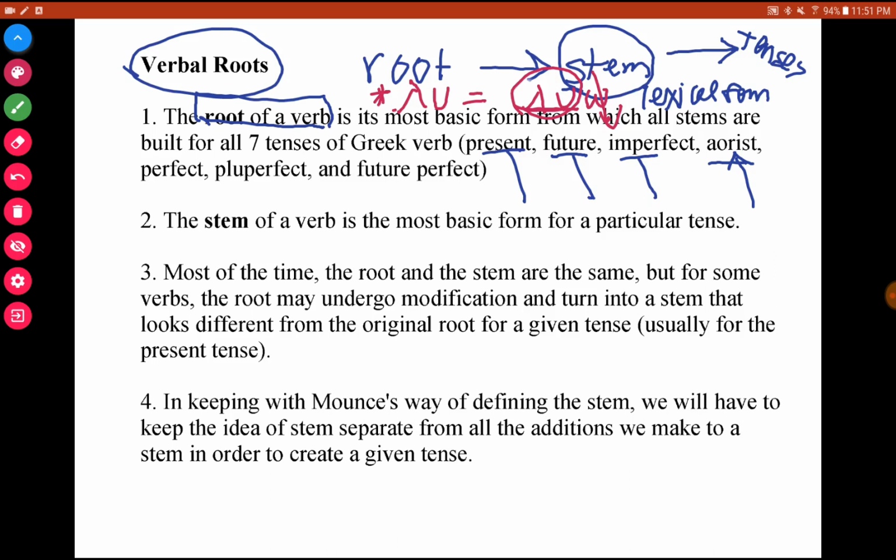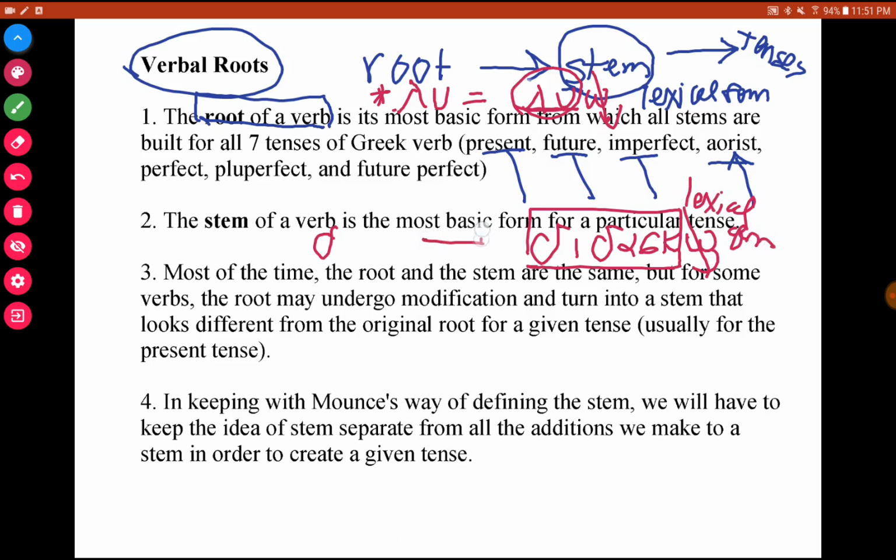So if I were to take, for example, a word like didasko, let me write it here, didasko, whose present stem is didask by dropping the omega, and this is the lexical form.